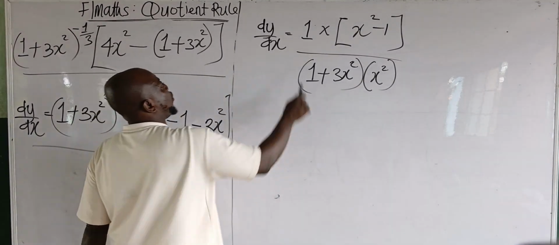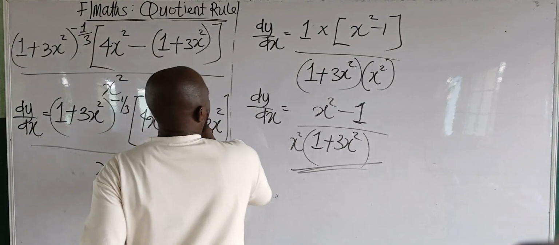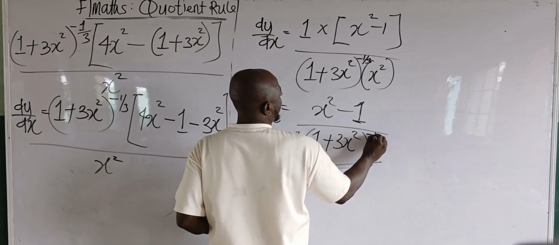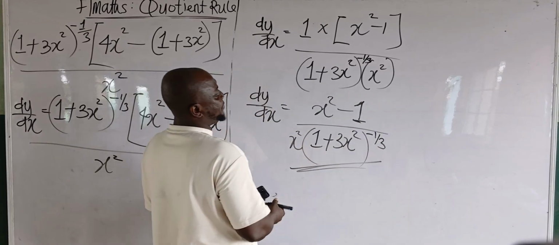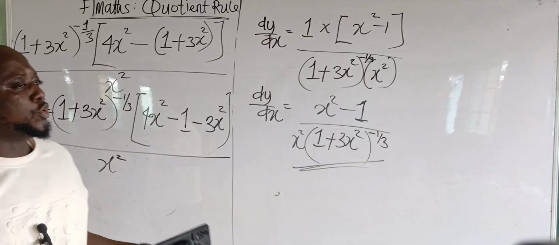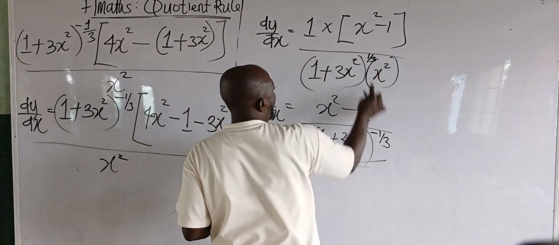If you now multiply 1. All right, so from this point, we are supposed to have minus 1 over 3 here. So this is how we resolve this into partial. Well, we're supposed to have 1 over 3, please.